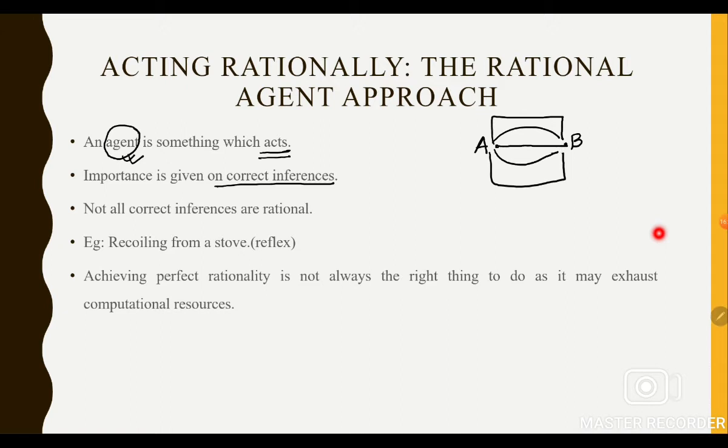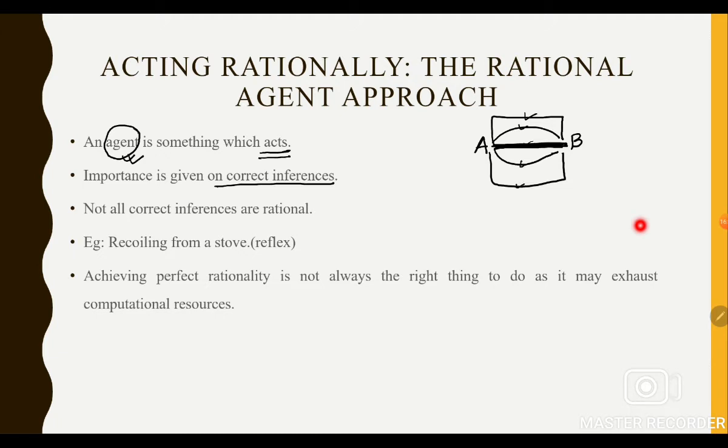So if I am considering the correct inferences as well as correct constraints associated with it, I will find that this particular route is the best possible or the most feasible route from A to B, right? So I am picking up the best possible outcome from a lot of alternatives in this particular example.